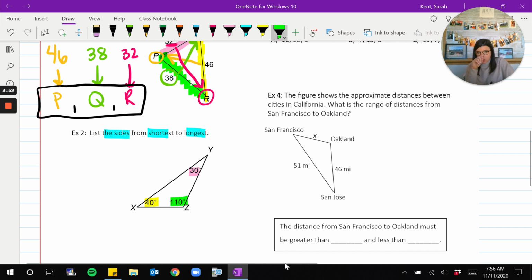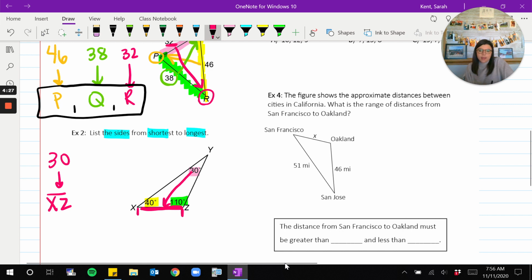If I want the shortest side to go first, that means I need the smallest angle. 30 is my smallest number. If I look across from 30, I end up on this line between the letters X and Z. So the shortest side would be side XZ.